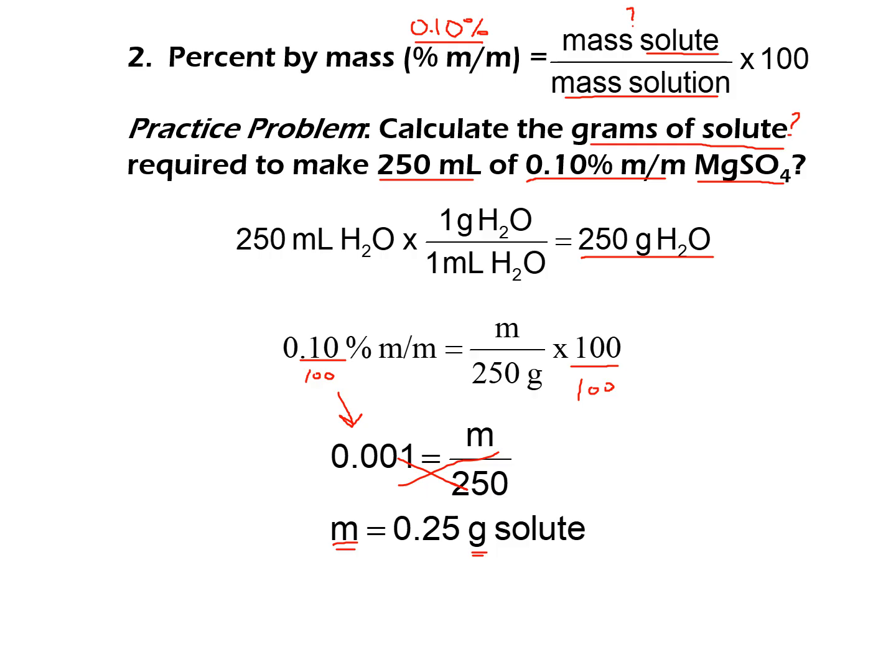Okay. So here's the deal with percent problems. The equation for them is pretty simple. It's solute over solution times 100. So it's either percent by mass, which is mass of solute over mass of solution times 100, or it's percent by volume, which is volume of solute over volume of solution times 100, right?